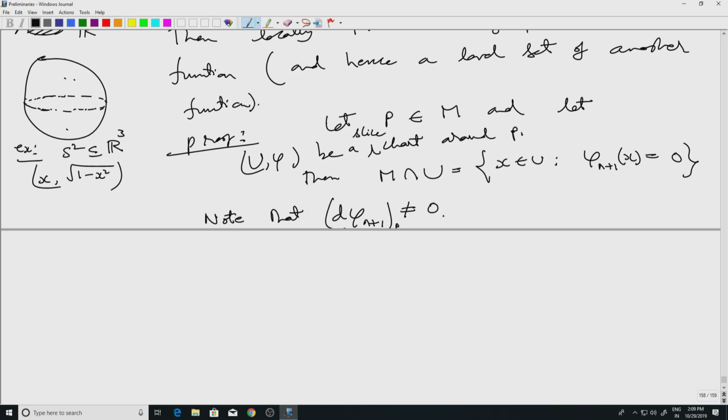Here I am thinking of phi^(n+1) as a map from U to R. And then the claim is that this derivative is not 0.